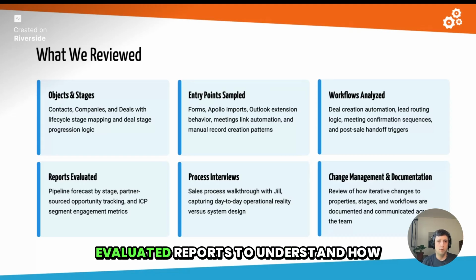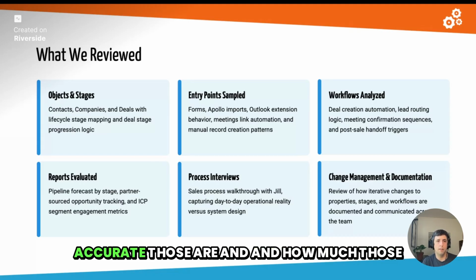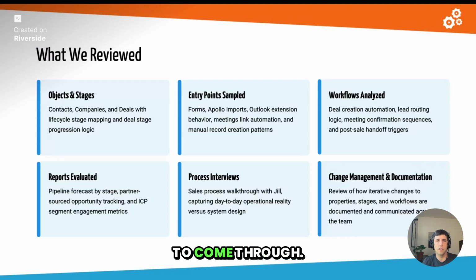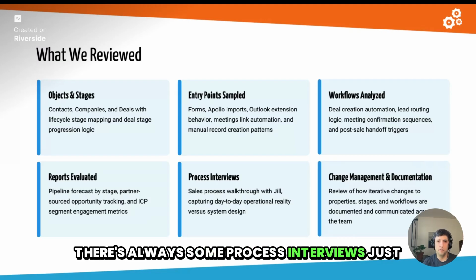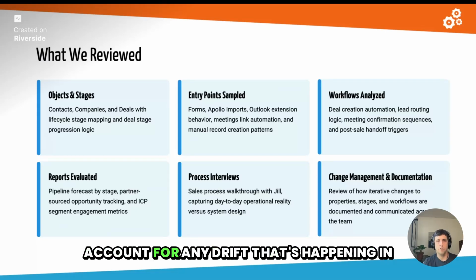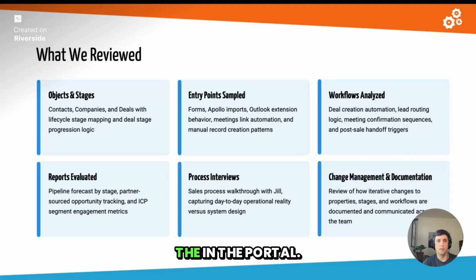We would have evaluated reports to understand how accurate they are and how much they line up with forecasting and ICP. There's always some process interviews just to understand how people are using the system, and then a look at what kind of change log or documentation exists to account for any drift happening in the portal.